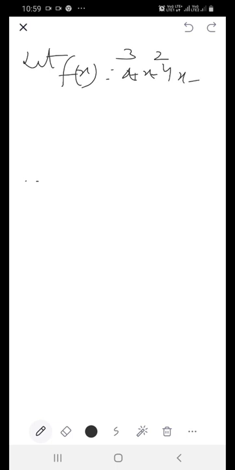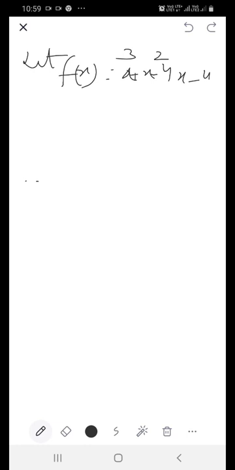So the polynomial which is given to you in the 12th question, you are going to take it as, let f(x) is equal to x cube plus x square minus 4x minus 4.